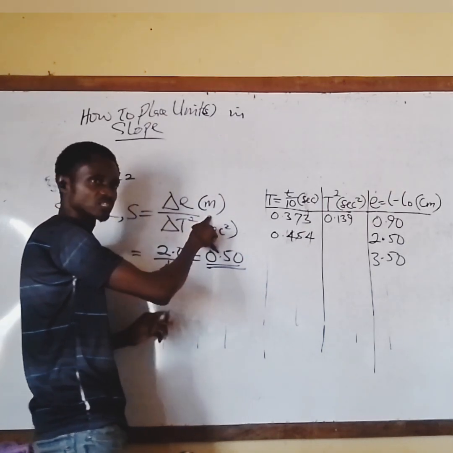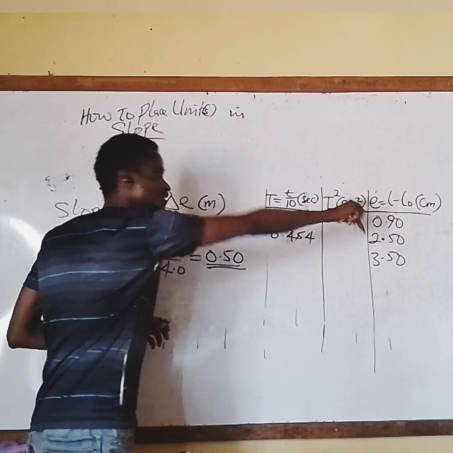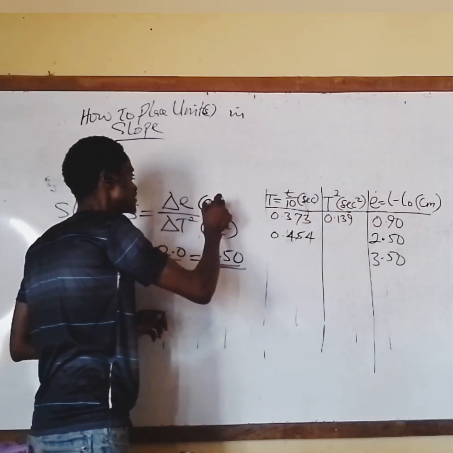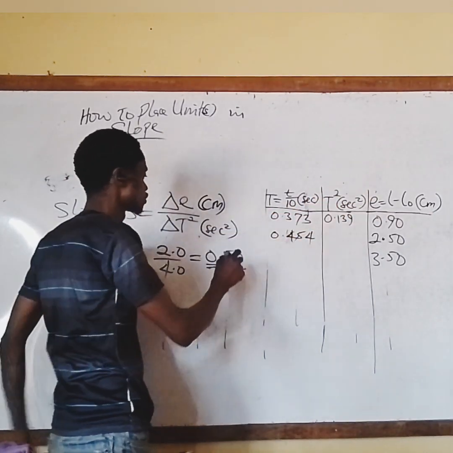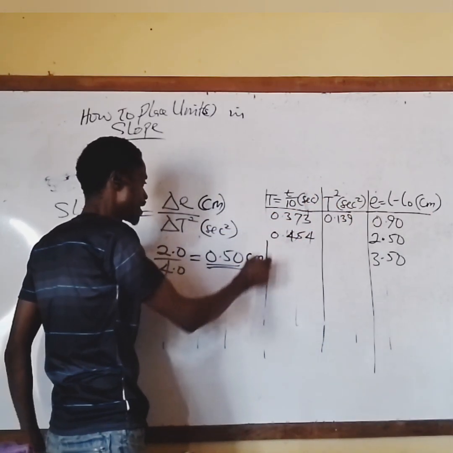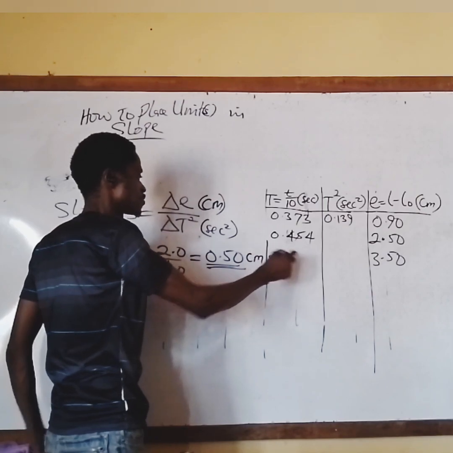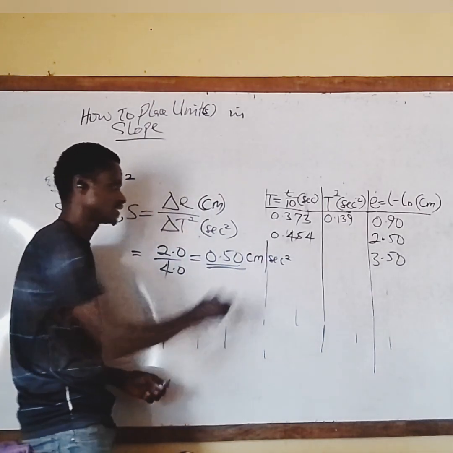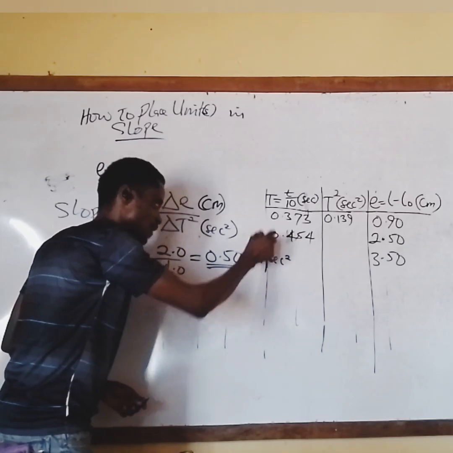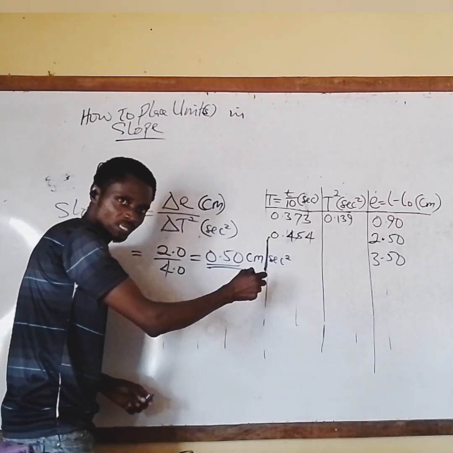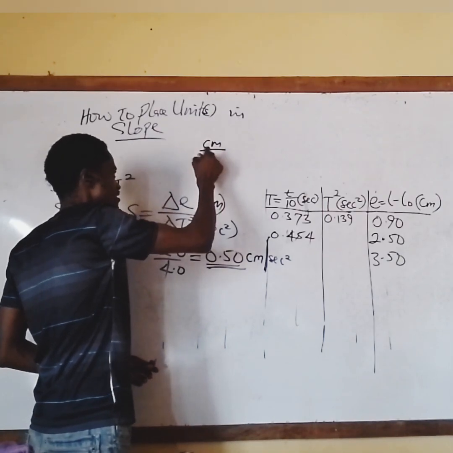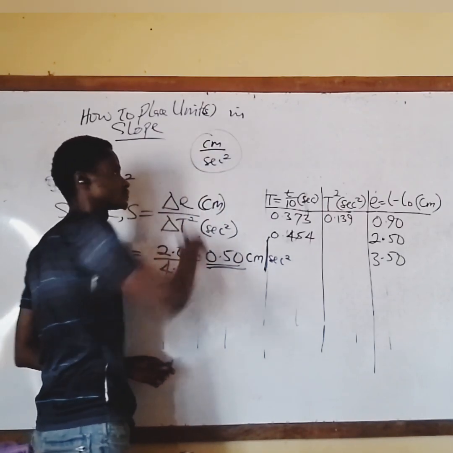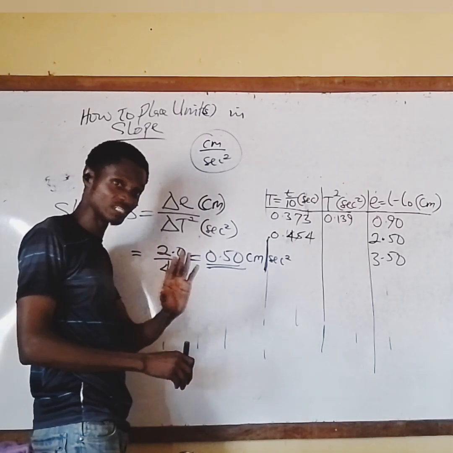The E is measured in meter, but if you use centimeter, it's going to be centimeter. Anyway, I'm using centimeter, so it will be centimeter per second squared. This per, this stroke you are seeing, is the same thing as centimeter divided by second squared. Did you get that? That is the meaning.